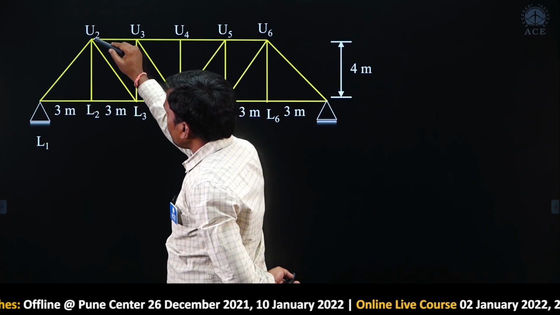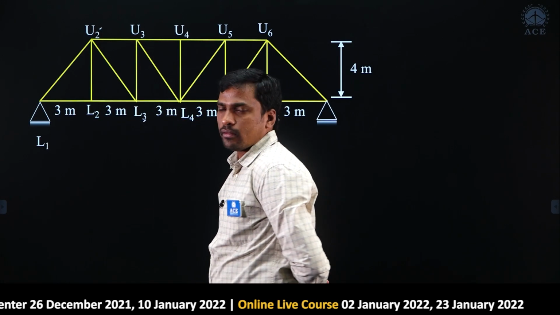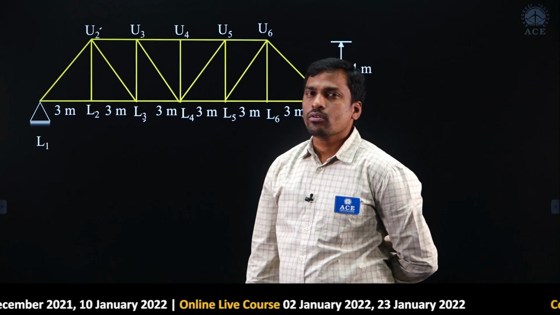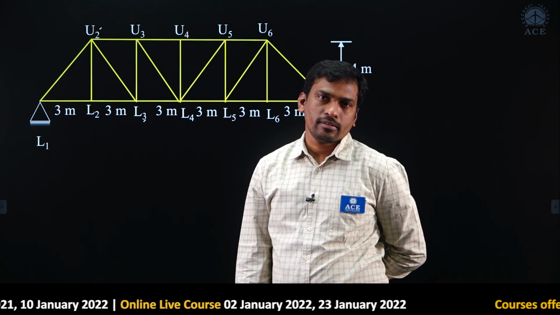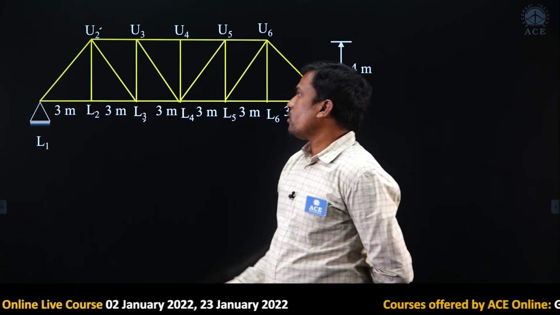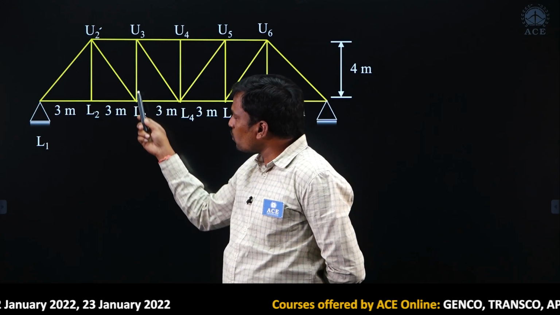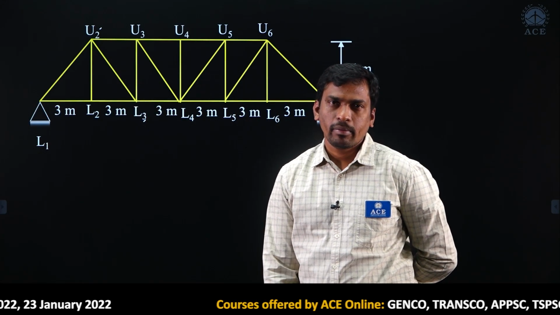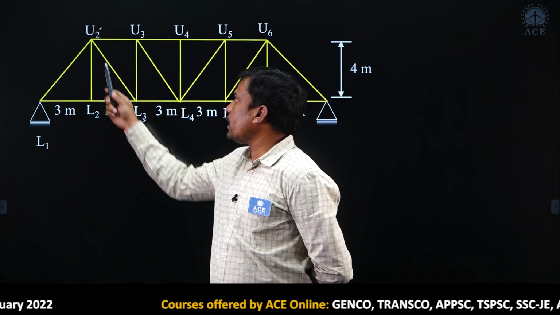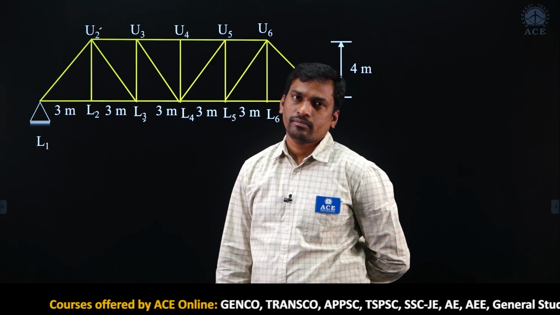To draw ILD for axial force in member U2 and L3, we have to use the method of section, right? Yes or no? Using method of section, we have to find the force in member U2 and L3, because he has given ILD for axial force in member U2 and L3.